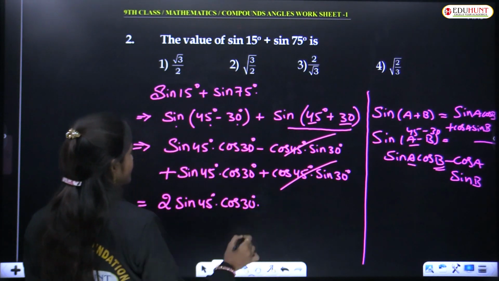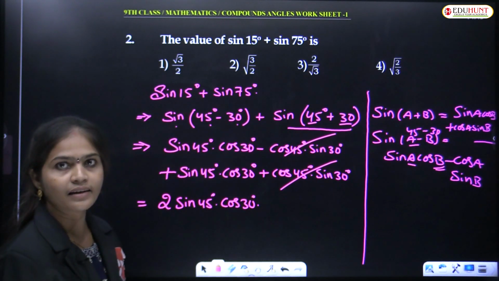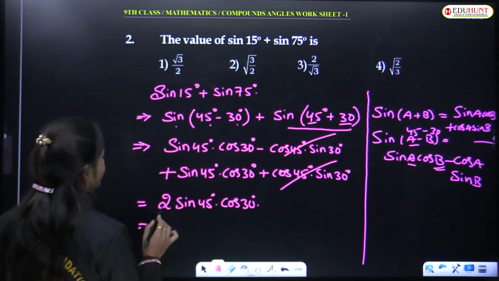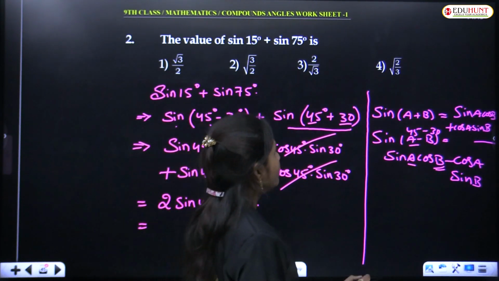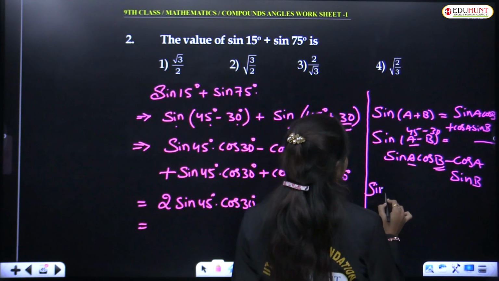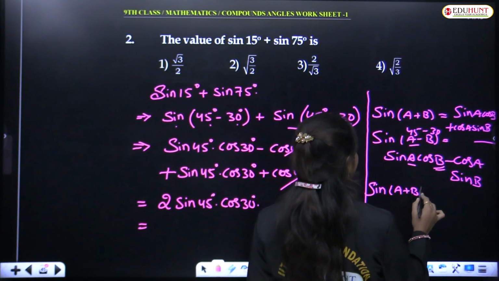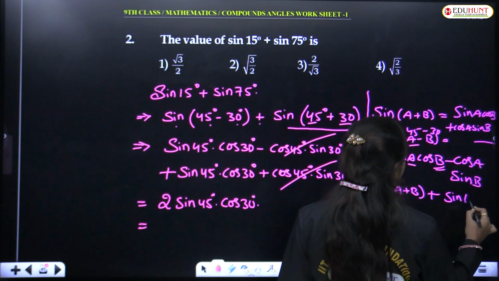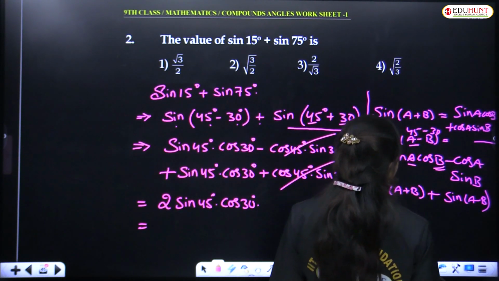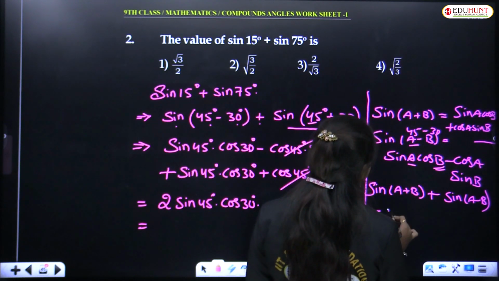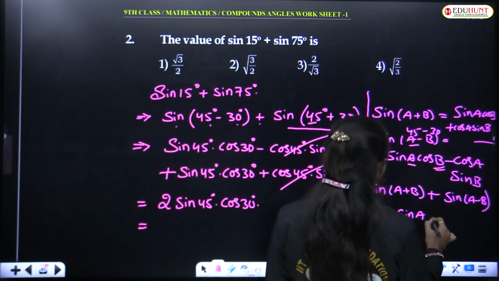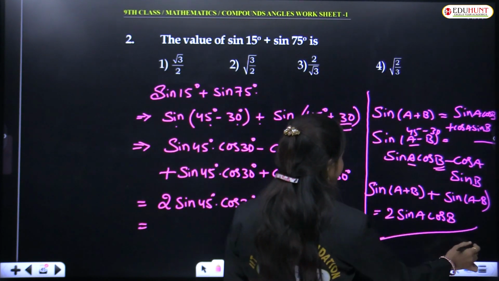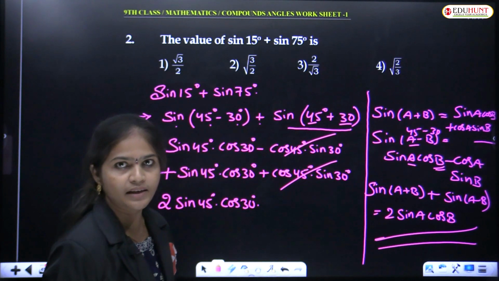2 sin A cos B. That formula you can directly apply here. Okay, so what is that formula? Sin of A plus B, plus symbol is given here, so plus sin of A minus B, which is equal to 2 sin A cos B. So directly you can apply this formula here.